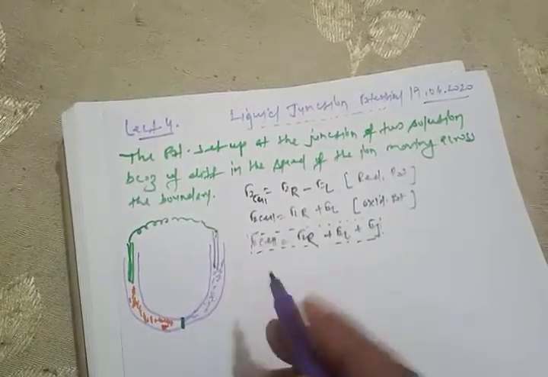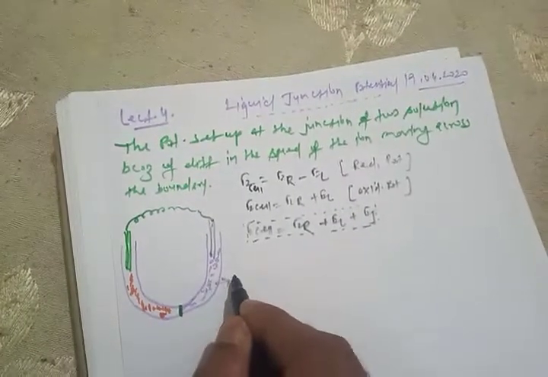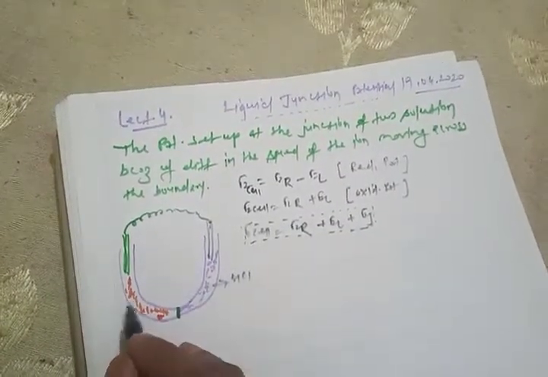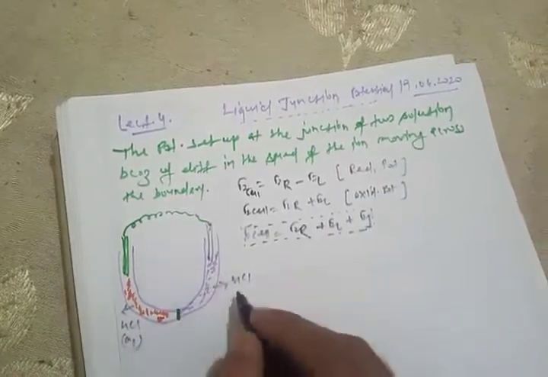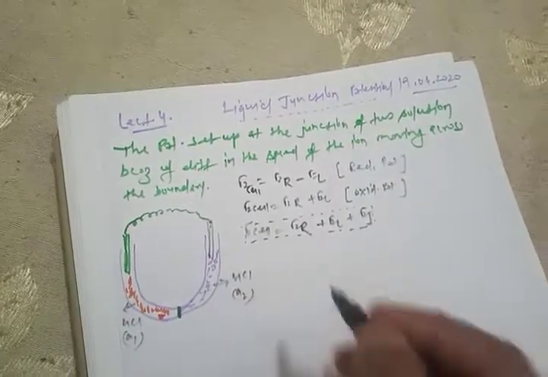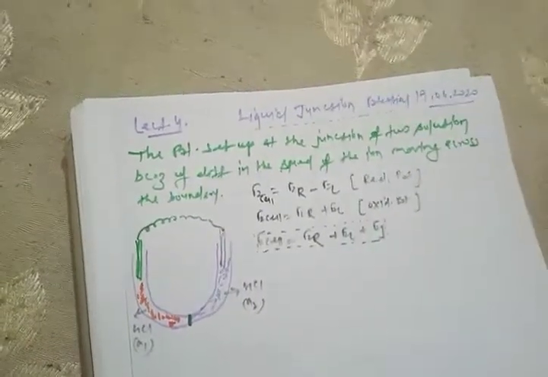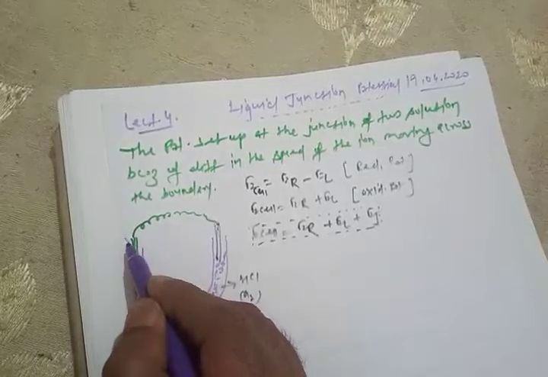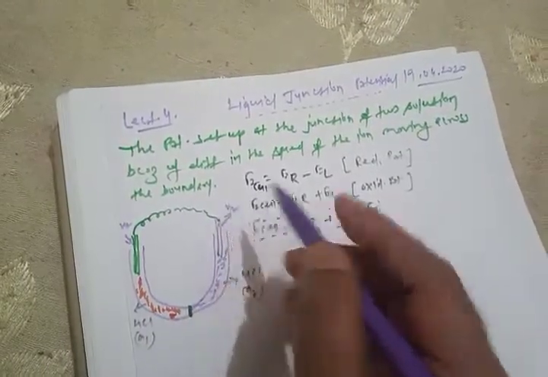This is the hydrogen electrode. So what is the difference actually? This is HCl and this is HCl, concentration here A1, concentration here A2. Okay, and this is a hydrogen electrode, this is a hydrogen electrode.